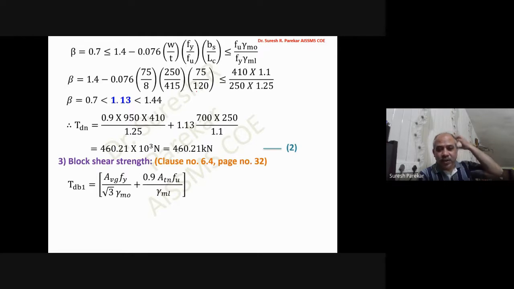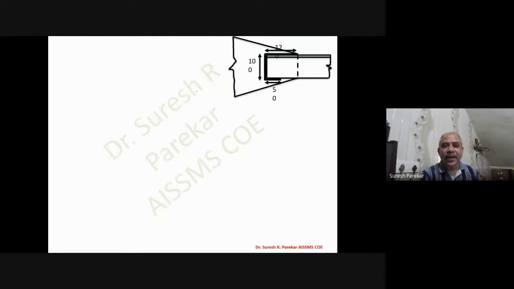Now I can go to the third. Here we actually have scope. We have this 120 millimeter, we have this as 100, and we have this as 50. Now in this, for Atg and Atn, both are the same. And for Avg, we can go 120 plus 50 by 2, that is 170 into thickness 10.